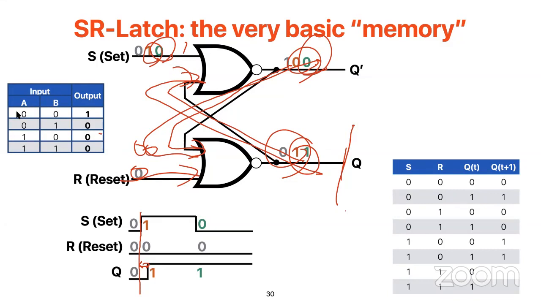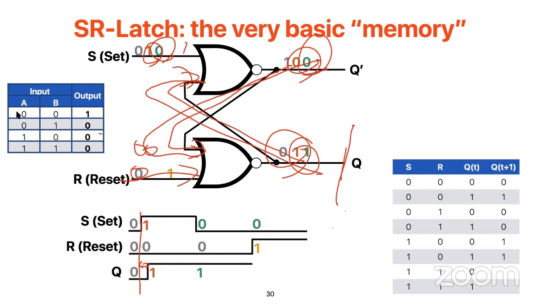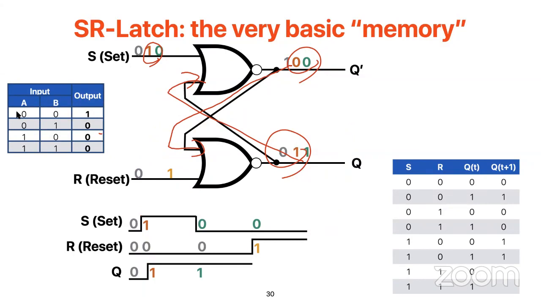Okay, so what else? Right now, if I do the other side, if I raise the reset signal, then what would happen here is, well, let's clear the drawing a little bit so that it's easier to see. So right now, if we look at the reset signal, it's 1, and the set signal is 0.